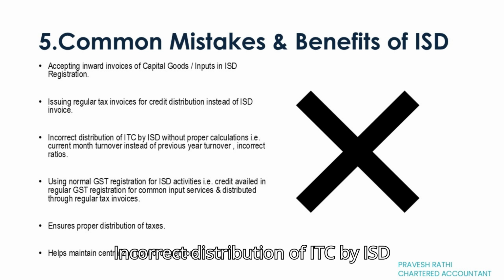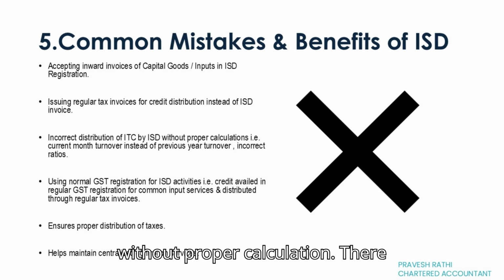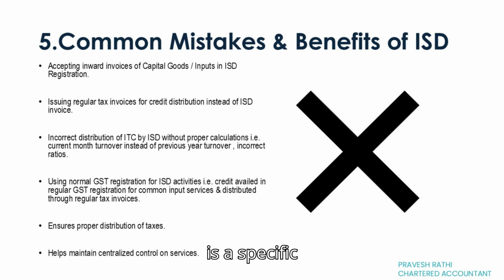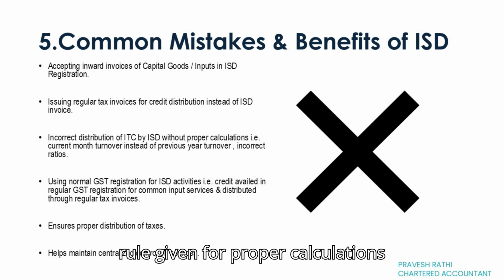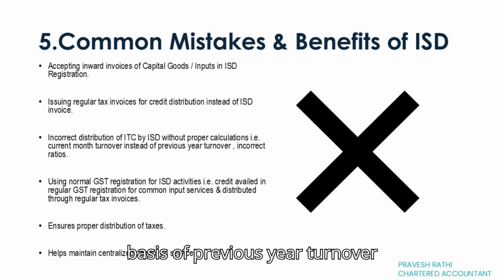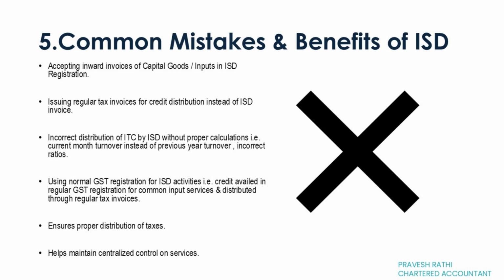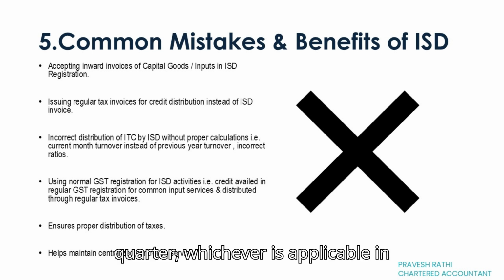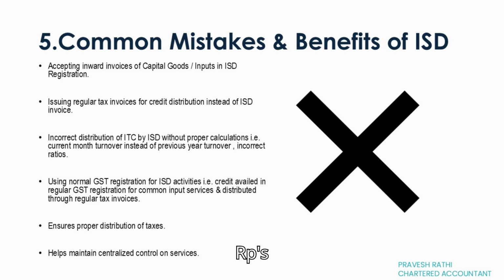Another mistake is incorrect distribution of ITC by ISD without proper calculation. There is a specific rule given for proper calculations wherein the credit needs to be distributed only on the basis of previous year turnover or previous quarter, whichever is applicable in our case.